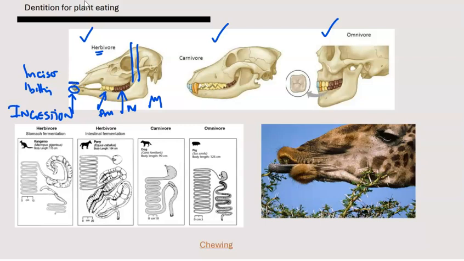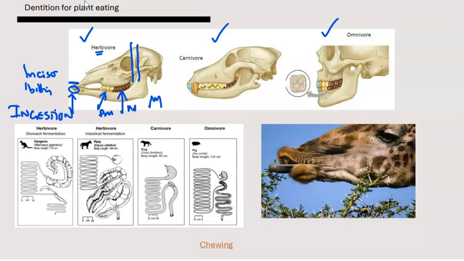This allows the herbivore to use the lower teeth to pinch the grasses and so forth, the plant material, against the upper pad before tearing and ripping this away. This would be very characteristic of sheep species, for instance, and particularly where they're eating very, very short grasses.